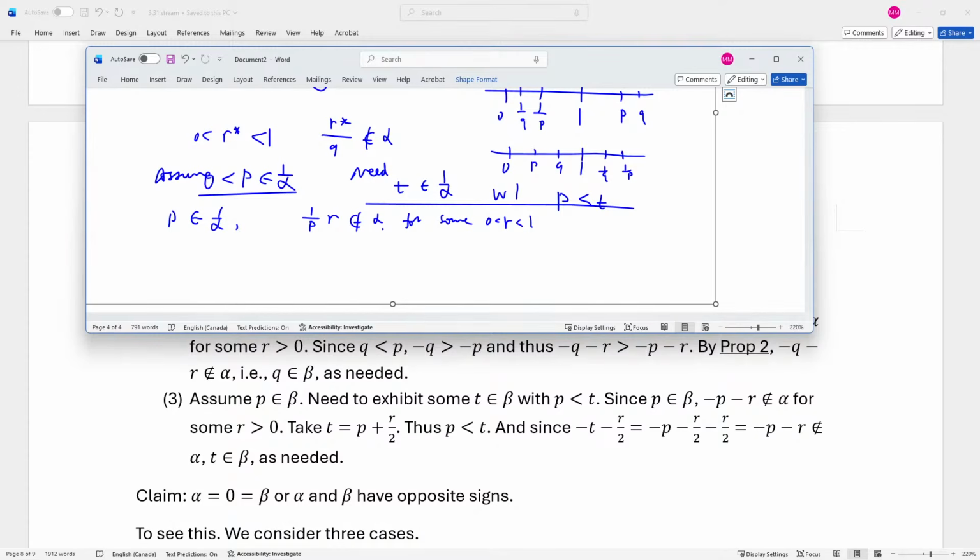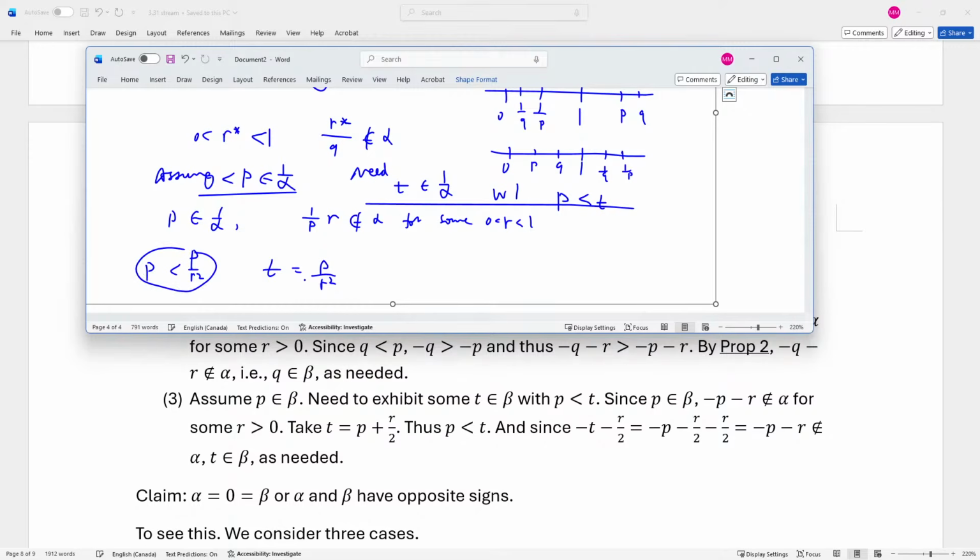And then if r over p is not in A, here let's take our t to be... we need t to be greater than p. Can we write, let's say, p over r squared? P over r squared is greater than p.